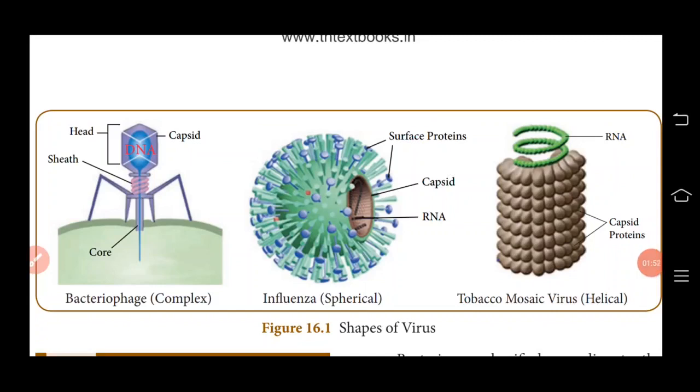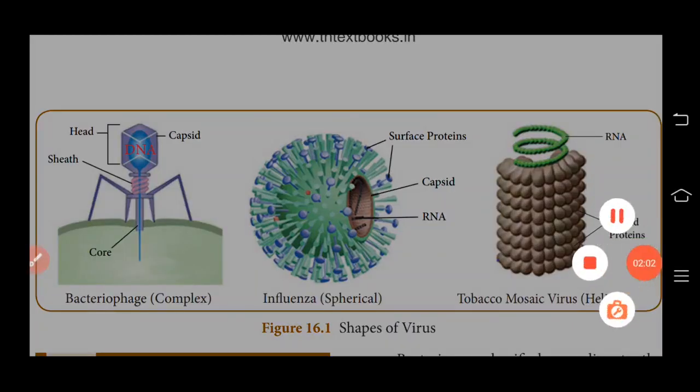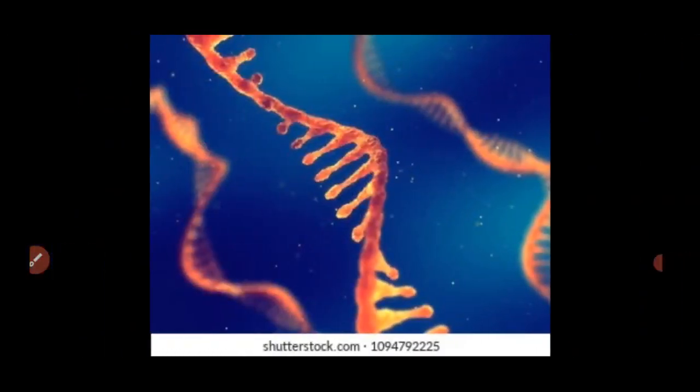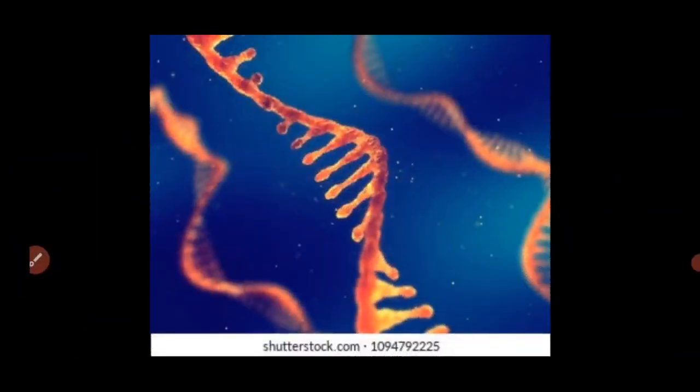Students, this is an example of different shapes of virus. The structure of a virus contains a core of DNA or RNA. This is the structure of DNA and RNA. A virus contains a core of DNA or RNA, and surrounding that core is a protein coat.